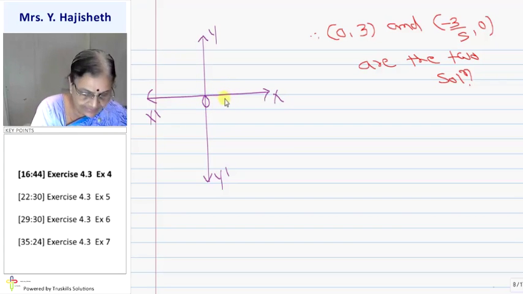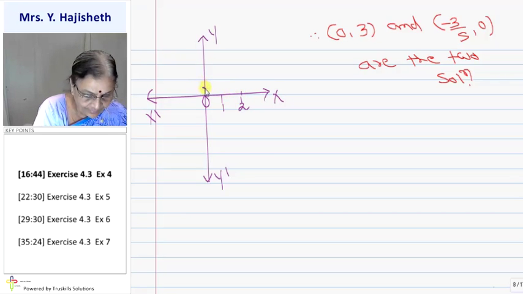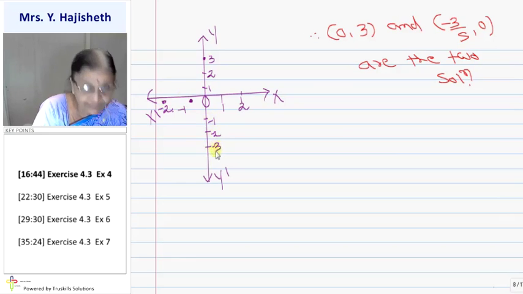Now I will take here 1, here 2, here 1, 2, 3. Clear? Here is -1 and here is -2. Okay. Here is -1, -2, -3.